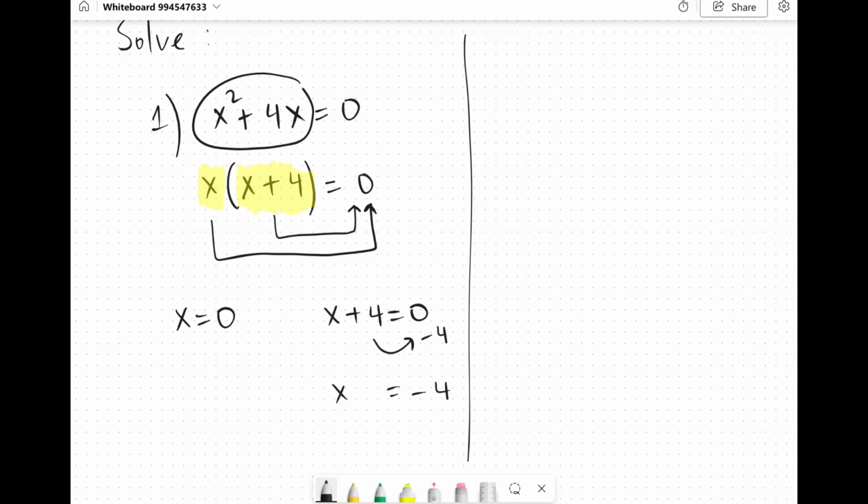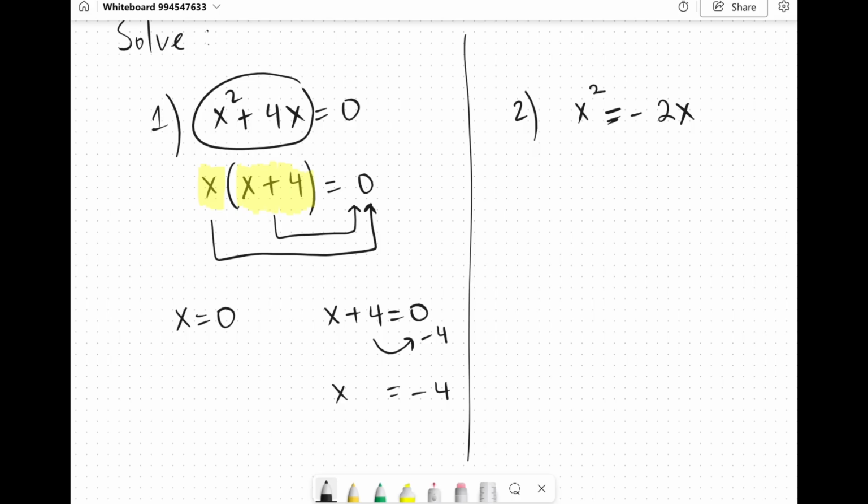Here's another example, number 2. And this one here is x squared equals negative 2x. Notice you cannot consolidate these two x's, and not only because they're on opposite sides of the equal sign, they're also not like terms. So you're going to have to solve this with factoring.